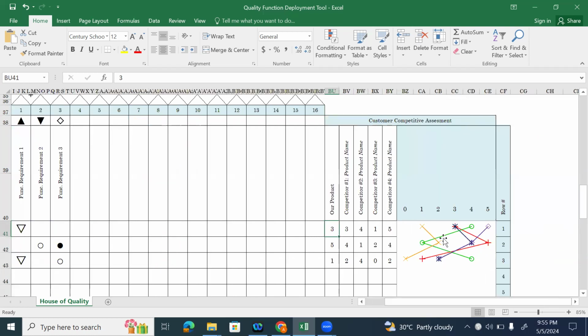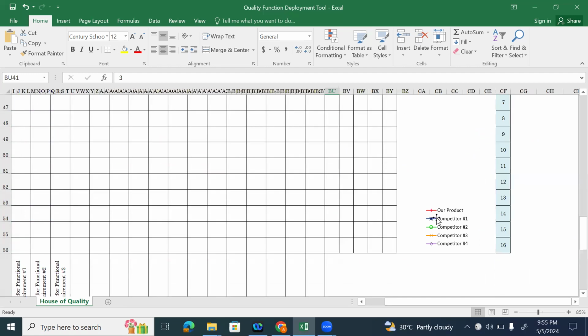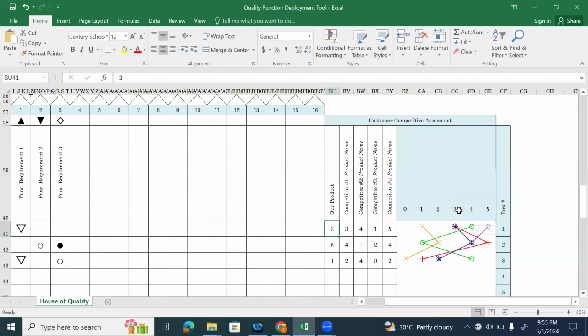And we also have a graph where we can compare our product with respect to competitor 1, 2, 3, or 4. Our product is shown in red.